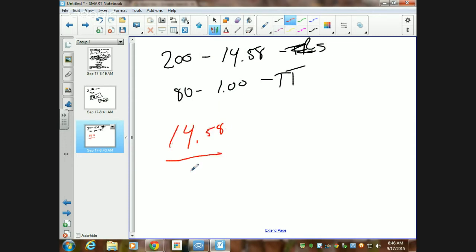$14.58 divided by 200, and that gives you 0.07. Like that? Do 0 point for me next time. All right, sorry. So we got 0.0729. We'll go to 3 then.